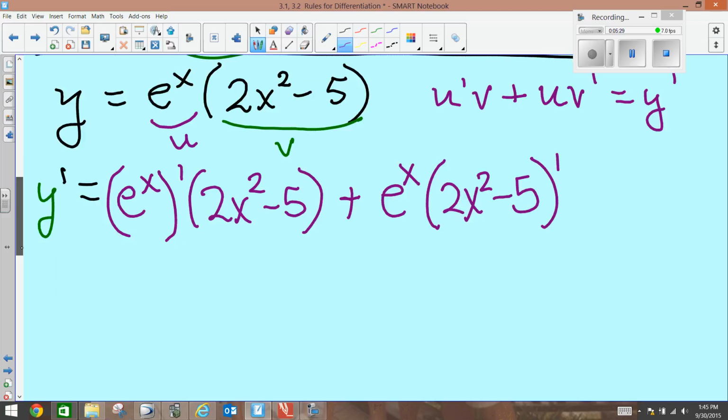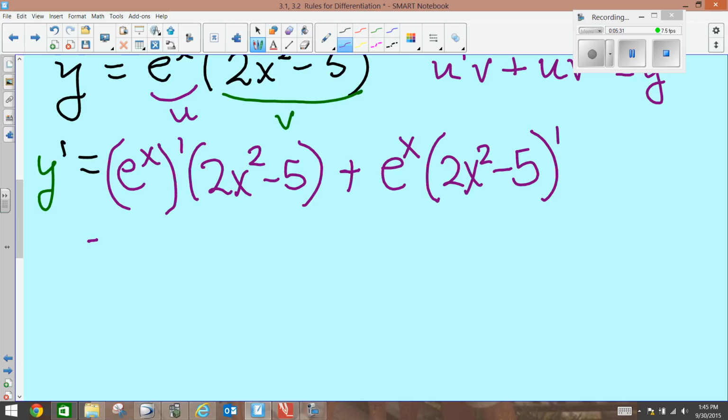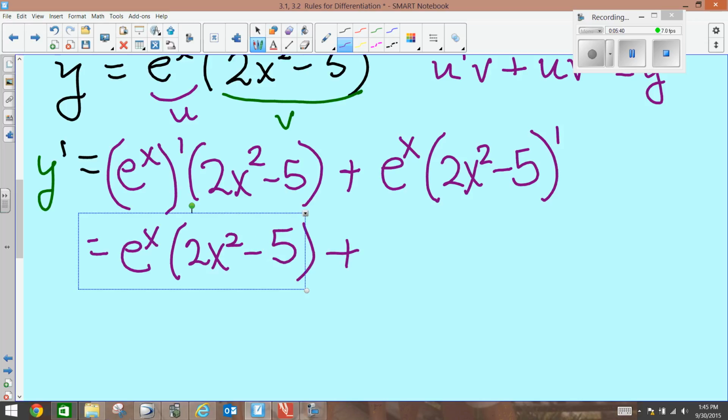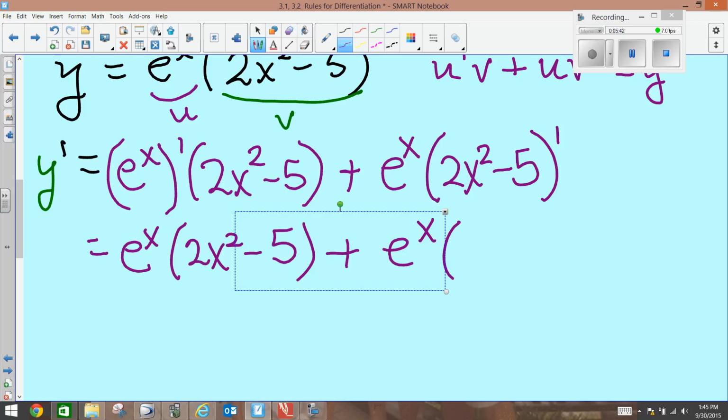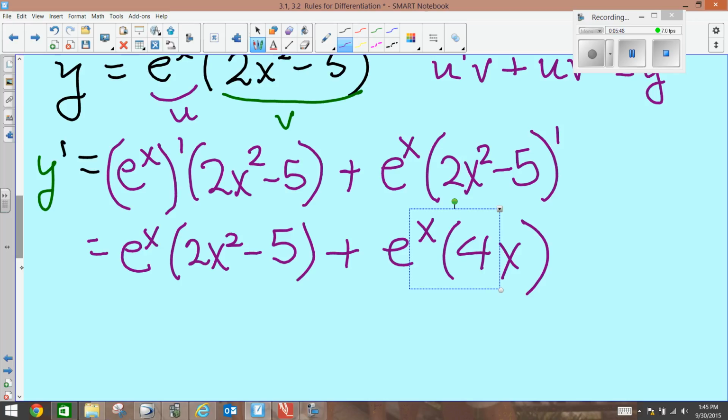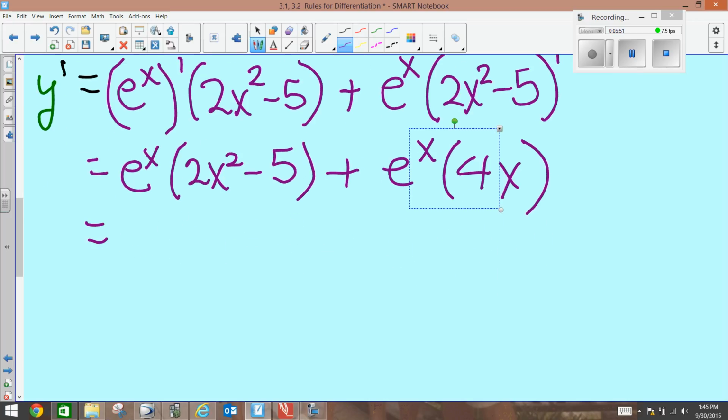Okay, so here we go. Simplify. We've got derivative of e to the x is e to the x. Leave this one alone. E to the x is left alone. Derivative of 2x squared minus 5 is 4x. Okay. Apply everything together. Do the distribution.